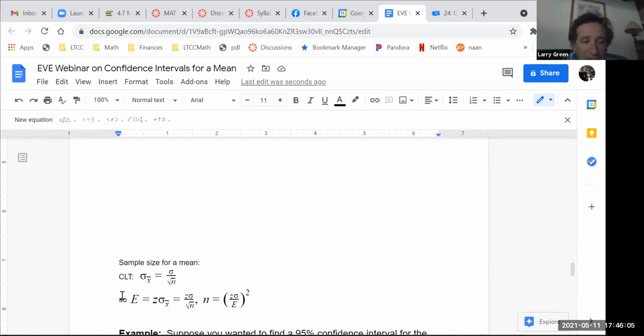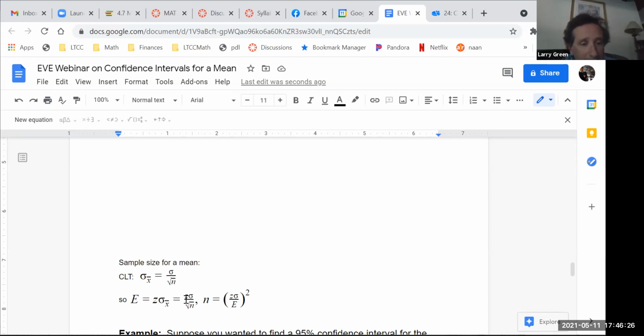So we know from the central limit theorem that sigma sub x bar equals sigma over root n. Okay, that was a big, big theorem. E is z times sigma over root n, it turns out. I'm not going to get into it because we don't have time, but there's some math involved. You don't need to know the math.